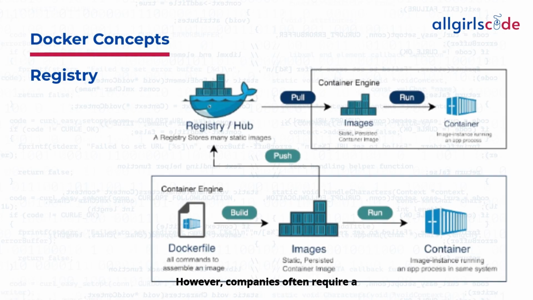However, companies often require a private place to store images, and these images might contain proprietary software and configurations. For this purpose, Docker, as well as other third-party vendors, offer private registry solutions that can be hosted on premises or in the cloud.